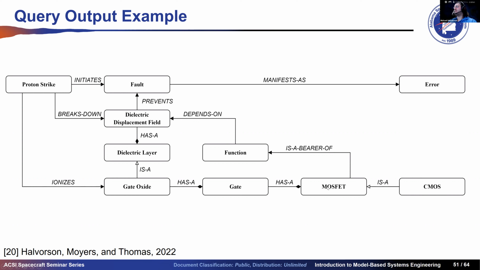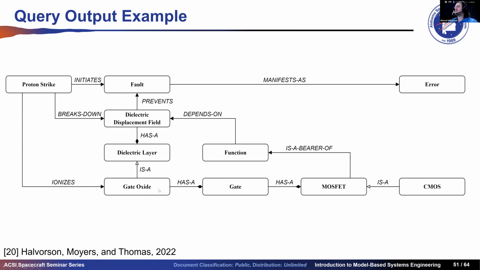Well, I know that a MOSFET, by nature of what it is, has a gate, and that gate has a gate oxide, and this gate oxide is a dielectric layer. These are just things that a MOSFET has and is that are taxonomized within the ontology. The dielectric layer has a dielectric displacement field.